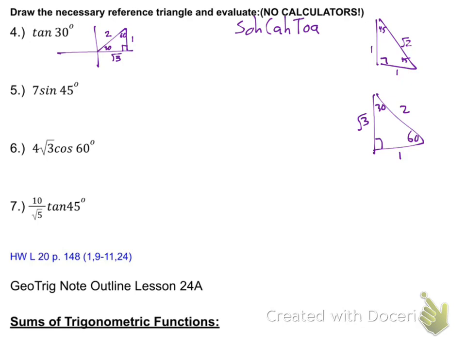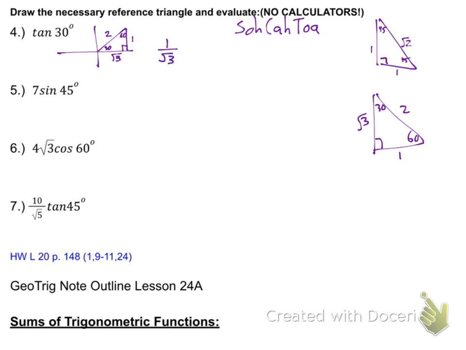Wait a minute. Can I take the tangent of that 30 now? Tangent is opposite over adjacent. What's opposite of 30? 1. What's adjacent? Square root of 3. So it ends up being 1 over square root of 3.